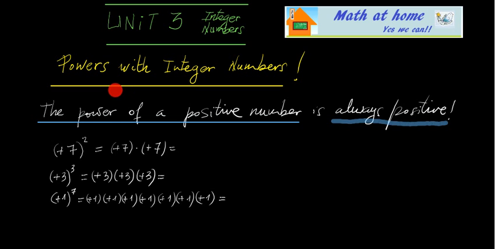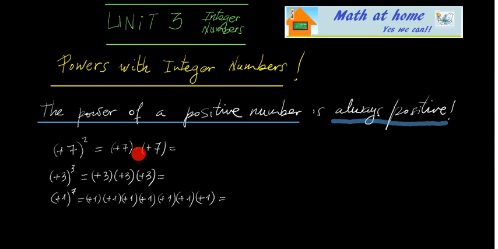We can find that the base of a power is a positive number. The power of a positive number, if we calculate it, is always positive. Why? Because positive 7 squared is the same as positive 7 times positive 7.